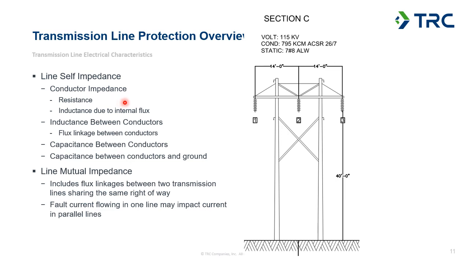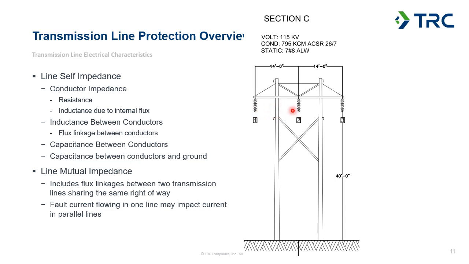Some of the other stuff that comes into play, though, is there's actually some inductance between the conductors and the static wires that needs to be modeled and understood, because we've got a flux linkage between these two conductors that are energized at different potentials, or different phase angles of the same magnitude. And they're both carrying current through the system.